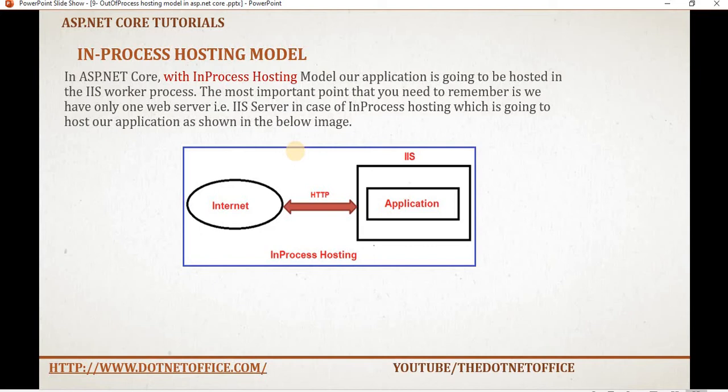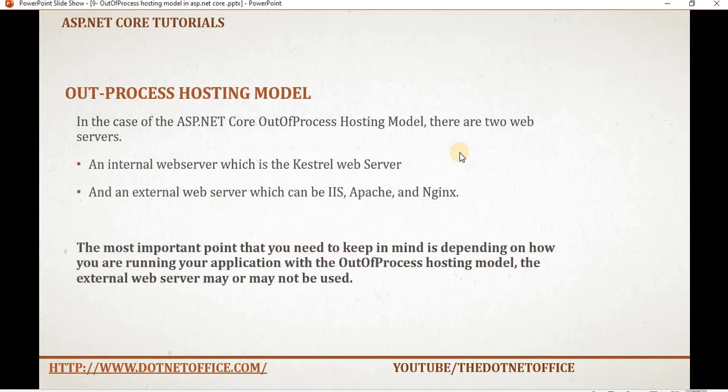The most important point we need to remember is that in the case of the in-process hosting model, we have only one web server, and that is the IIS server, which we discussed in the previous tutorial. But in the case of out-of-process, we have two servers. One is the internal web server and another is the external web server. For the internal web server, we have the Kestrel web server, and for the external web server, we have IIS, Apache and Nginx.